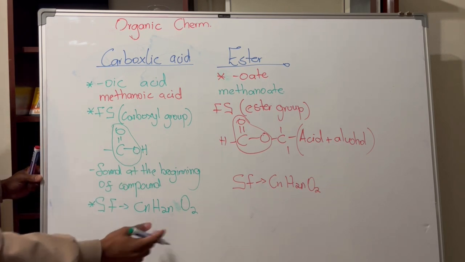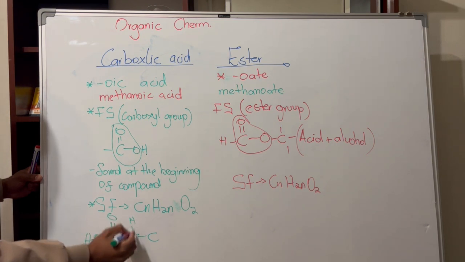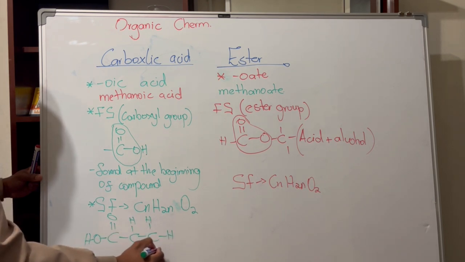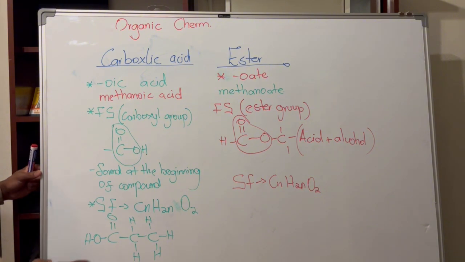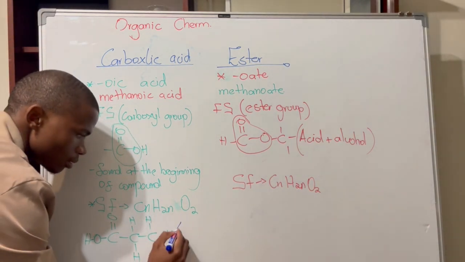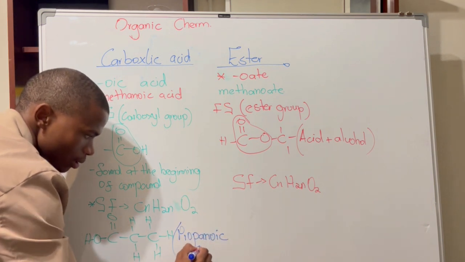So for instance, if we put it here, it's going to be something like this. And when we name this, we can say 1, 2, 3, it's 3 carbons, right? So it's gonna be propanoic acid.